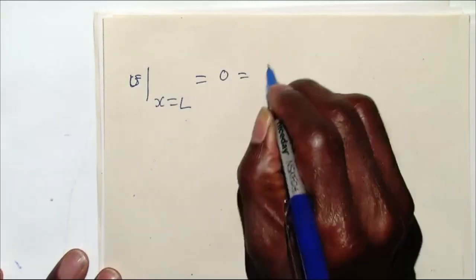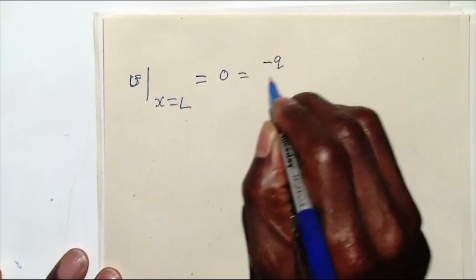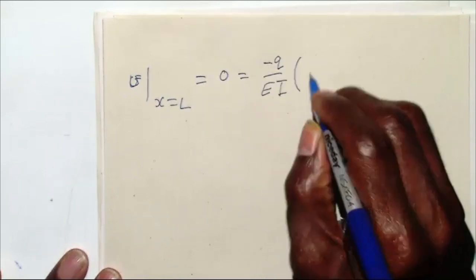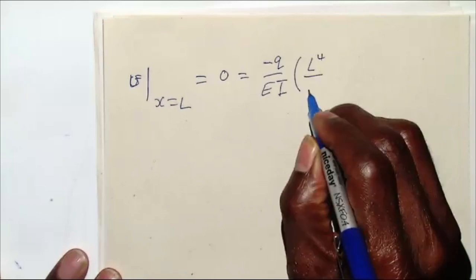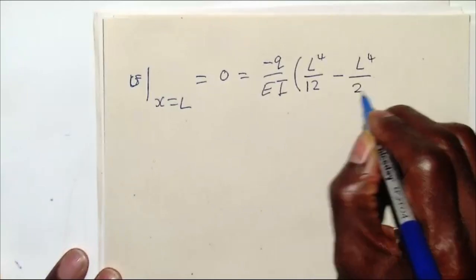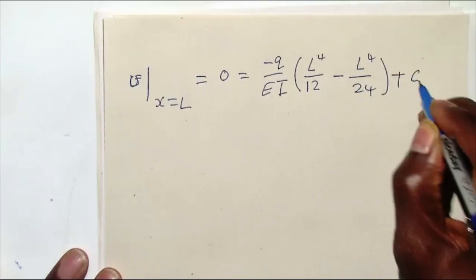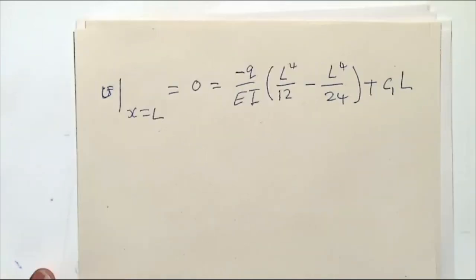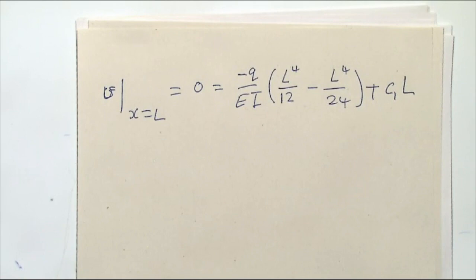0, but it is minus Q over EI of L4 all over 12 minus L4 all over 24 plus C1L. Remember, there's no more C2 because C2 has been shown to be 0. So now I can find C1 from that.